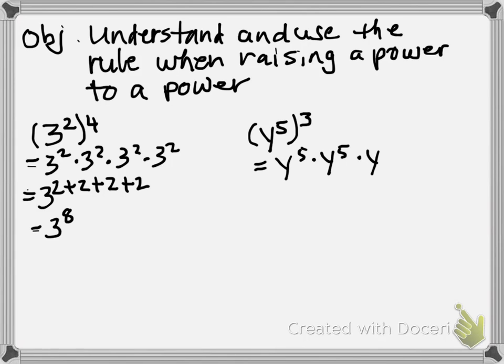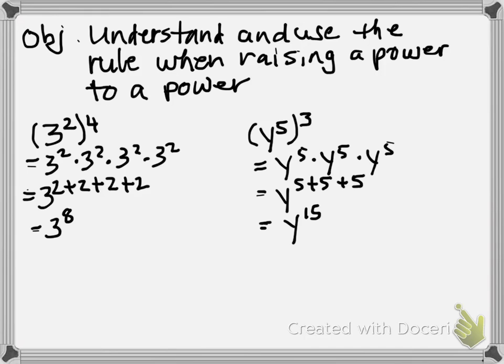Exactly, right? It just says, hey, this outer exponent says how many times do I multiply the guy inside the parentheses by itself. Okay, and then Sophia, what do we know to do when we're multiplying monomials and the bases are the same? What do we do with the exponents? Okay. And we get y to the 15th.